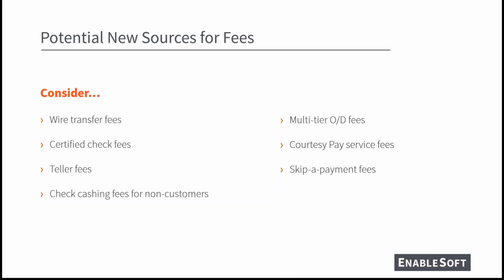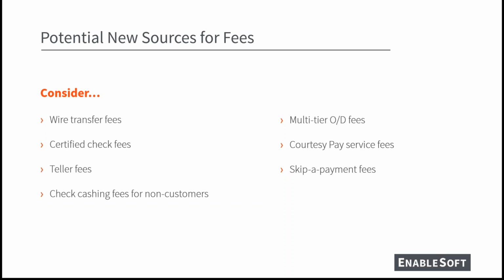But it's really these last 4 where we've seen a marked increase in activity from some of our customers lately. Number 1, check cashing fees for non-customers. We're seeing more and more of our customers charge, let's say, $5 or $10 nominal fees for non-customers to come and cash their checks at their particular financial institutions. Multi-tier overdraft fees for those customers who have opted in to receive overdraft protection per Regulation E. Consider a tiered structure to your overdraft fees, maybe $50, $100, or $150, depending on the level of overdraw.